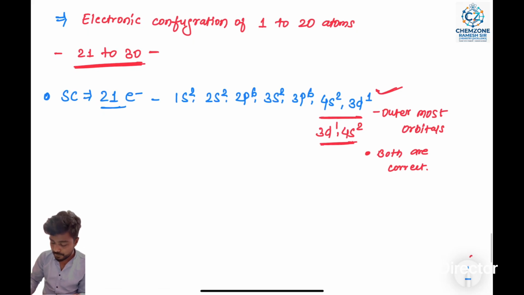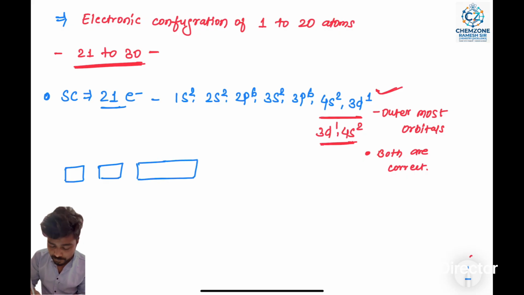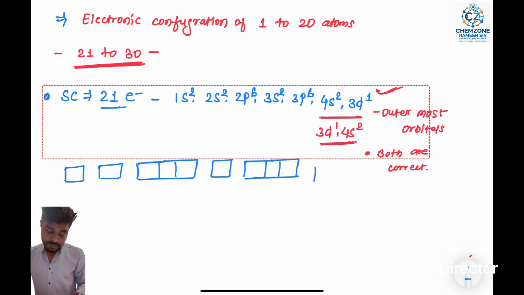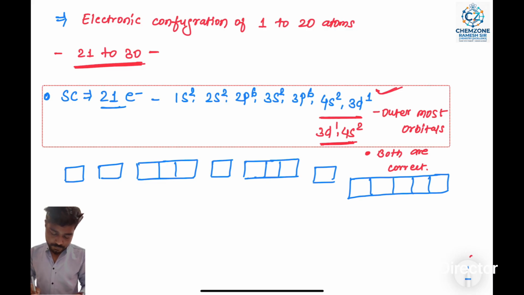Next I am filling the orbitals with electrons: 1s, 2s, 2p, 3s, 3p, 4s. 1 2 3 4 5, 5 orbitals.